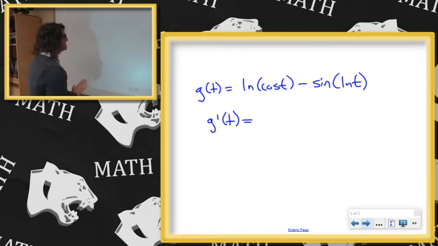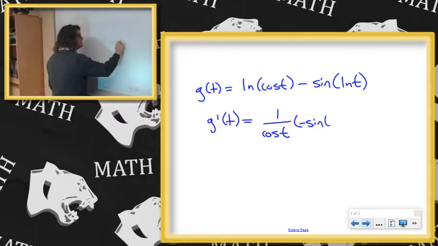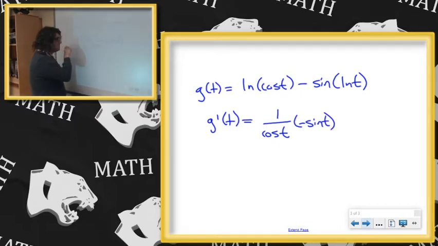So we'll see. All right, so the derivative of the natural log is going to be 1 over whatever's inside times the derivative of the inside, which is negative sine of t. And it can be written as a single fraction, a little tidier, and I wouldn't take up as much space there.